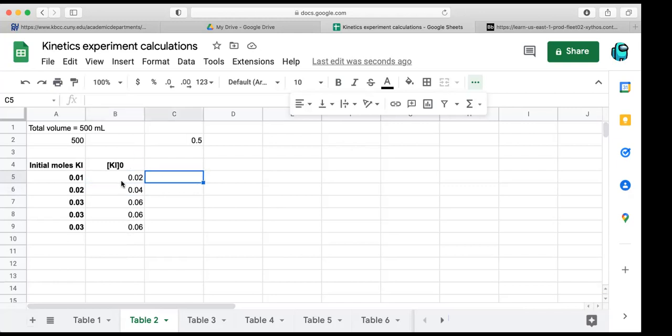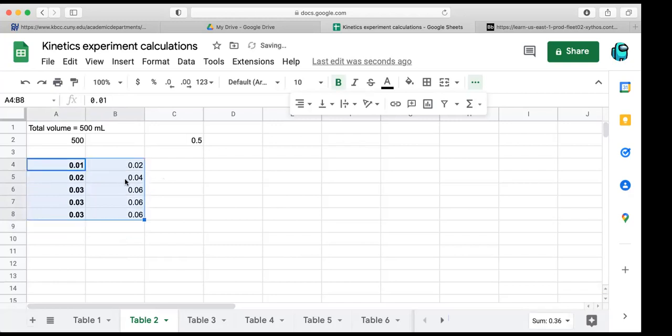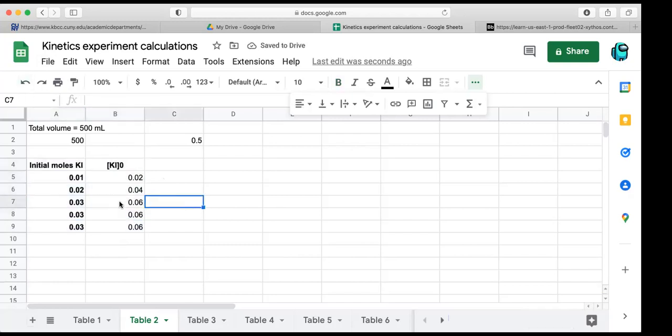Now look what happened to the concentration. This is going to be key for later on. The initial concentration of KI changed from experiment 1 to experiment 2 to experiment 3. So in experiments 1, 2, and 3, we're trying to find out how the reaction rate changes when KI is changing.